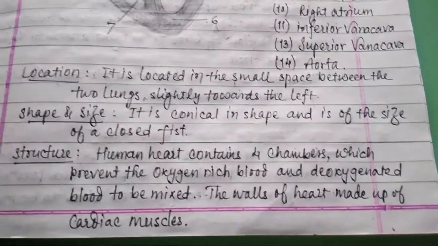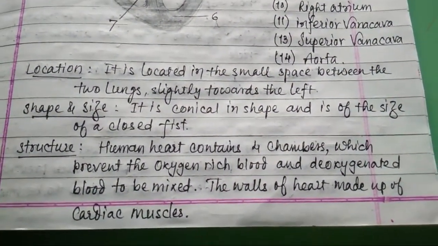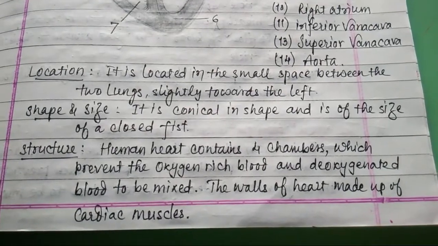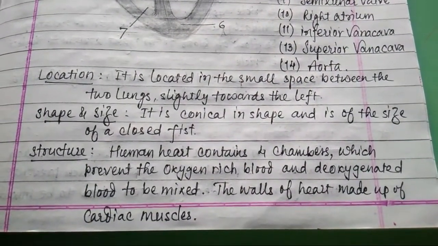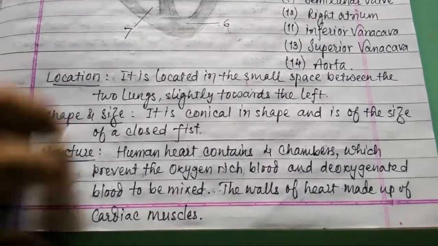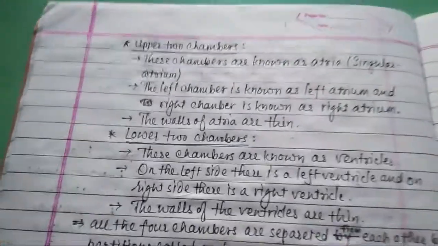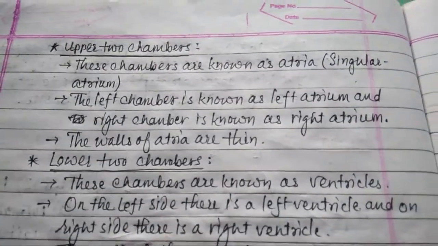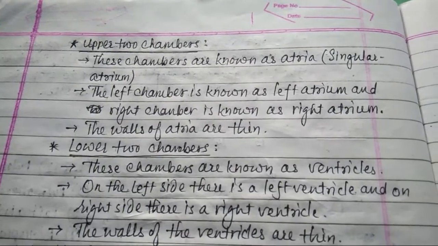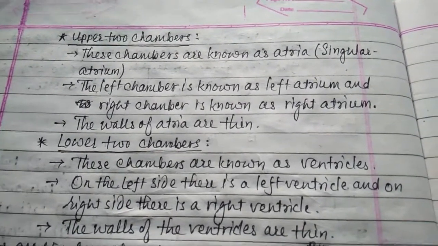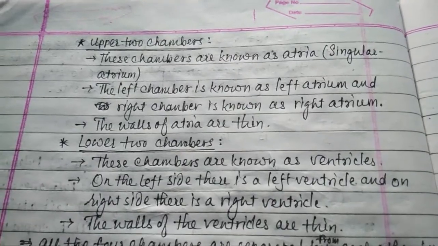Structure. The human heart contains 4 chambers which prevent oxygen-rich blood and deoxygenated blood from mixing. The walls of the heart are made up of cardiac muscles. The upper 2 chambers are called atria. One is the left atrium and the other is the right atrium, and the walls of atria are thin.